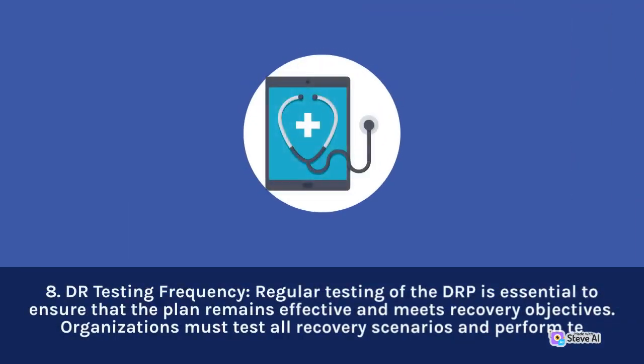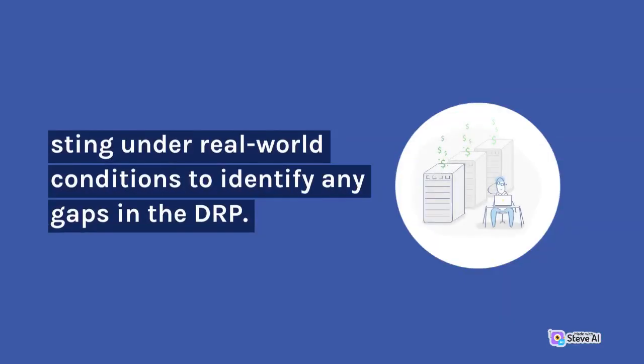DR testing frequency. Regular testing of the DRP is essential to ensure that the plan remains effective and meets recovery objectives. Organizations must test all recovery scenarios and perform testing under real-world conditions to identify any gaps in the DRP.